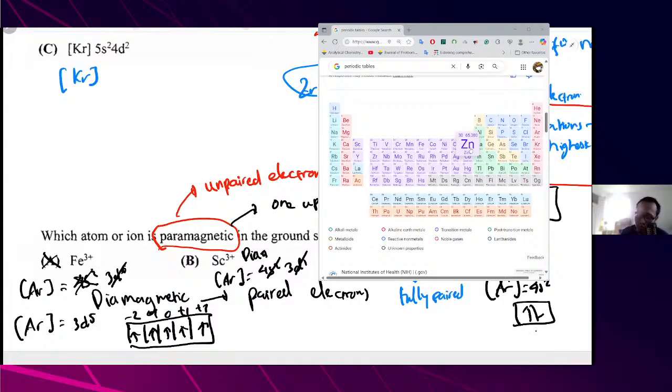So the correct answer is iron 3+, because as you can see, all of them are diamagnetic except the A option. Just remember the concept, how we deal with this.